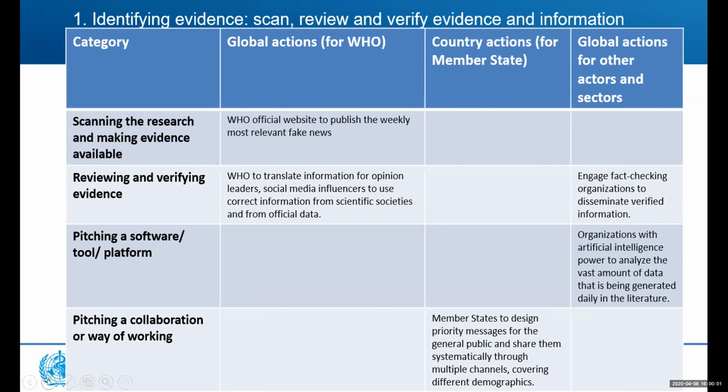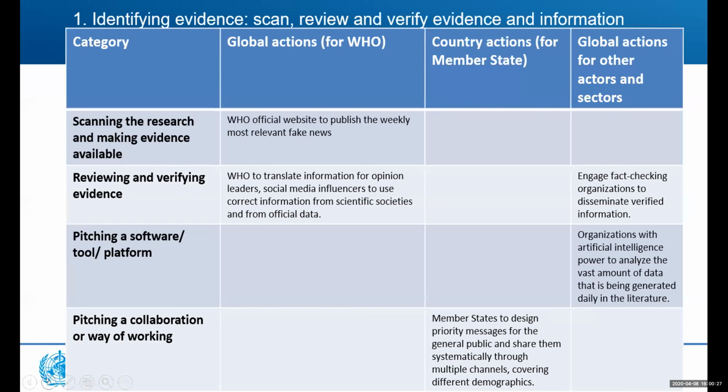On the reviewing and verifying side, for WHO, the request to translate information for opinion leaders and social media influencers to use correct information from scientific societies. For the member states, the main message was to design priority messages for the general public and to share them systematically.